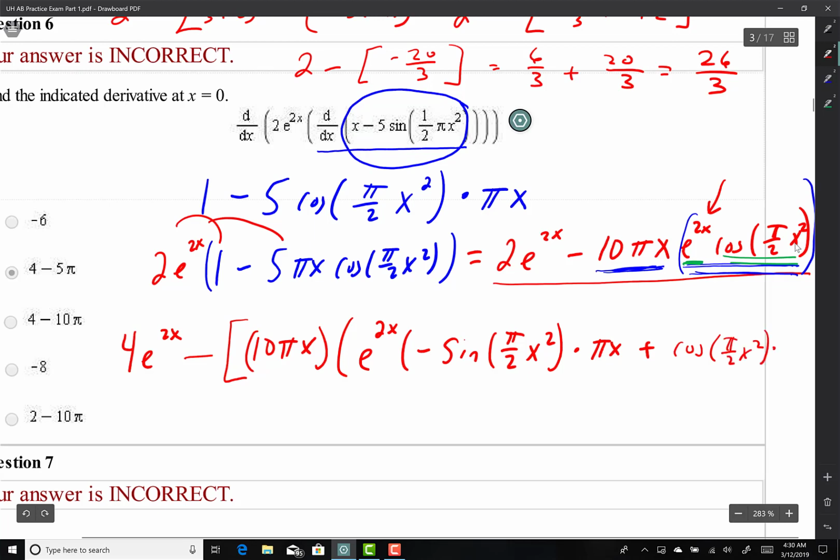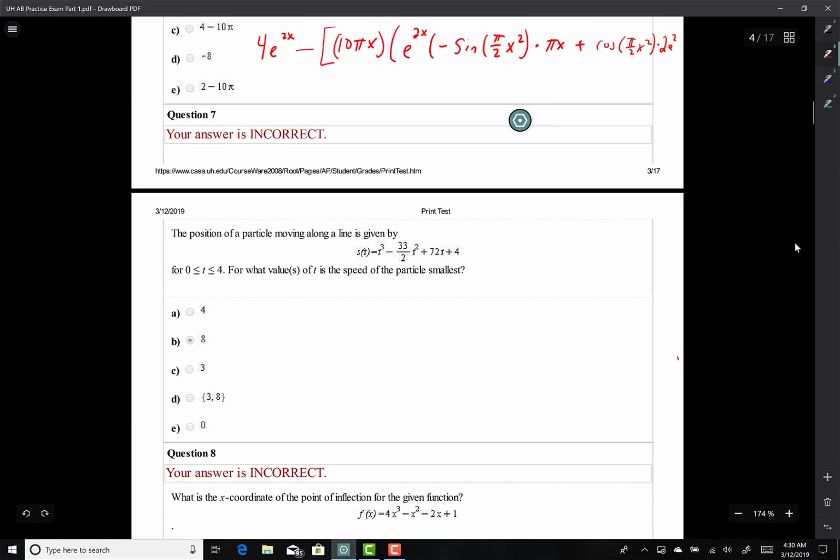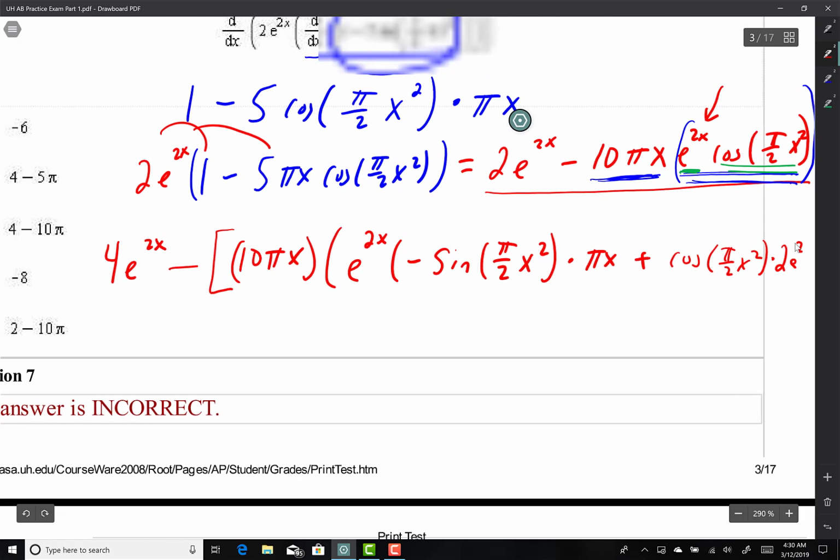So that is times 2e to the 2x. First times derivative of the second, plus second times derivative of the first.